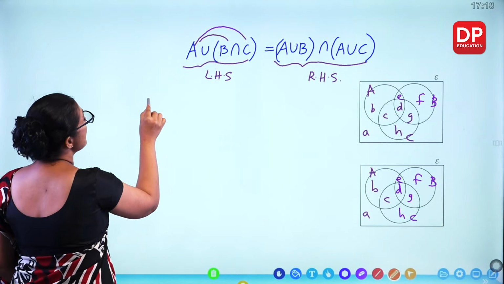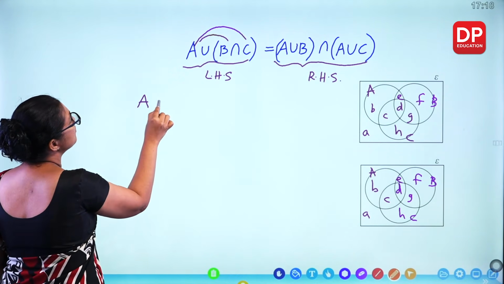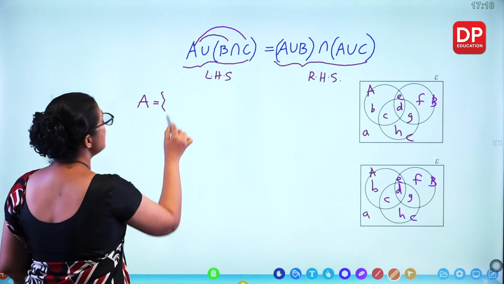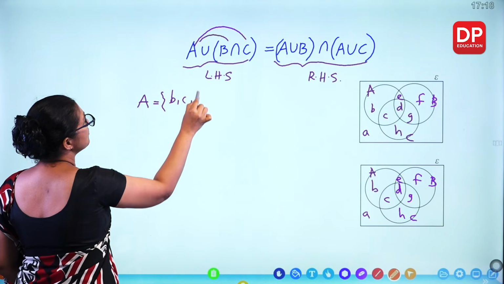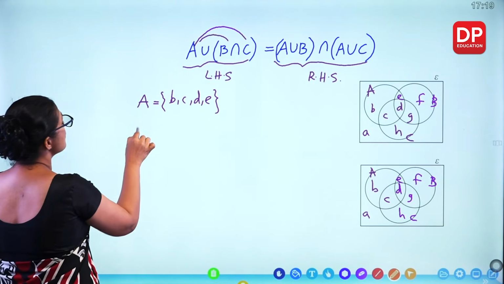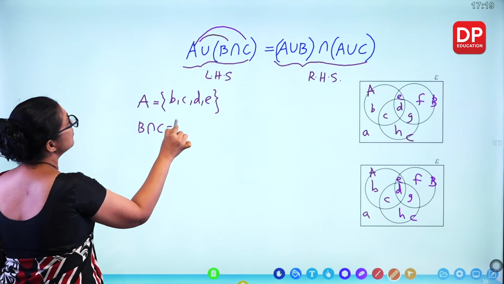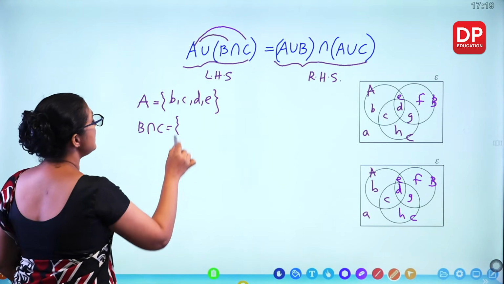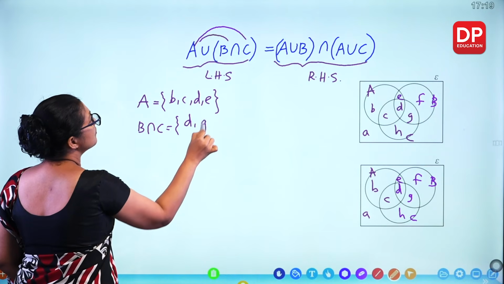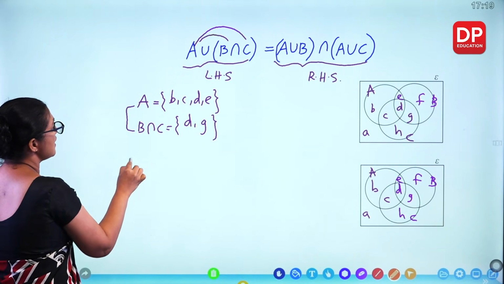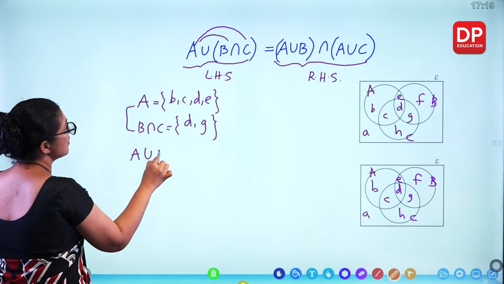Now we'll try to shade the regions. Now what's A? Left hand side, what is A? A is B, C, D, E. Then B intersection C, common region for B and C, D, G. Now union for both means you are taking everything.